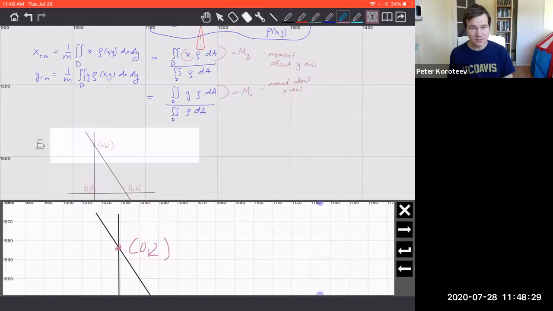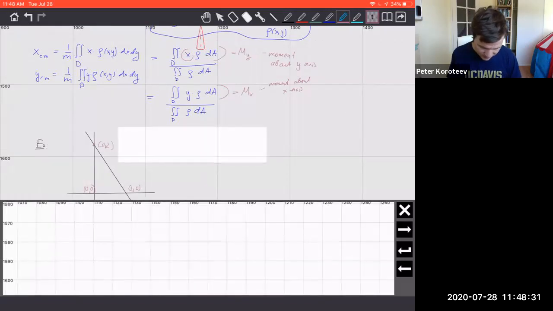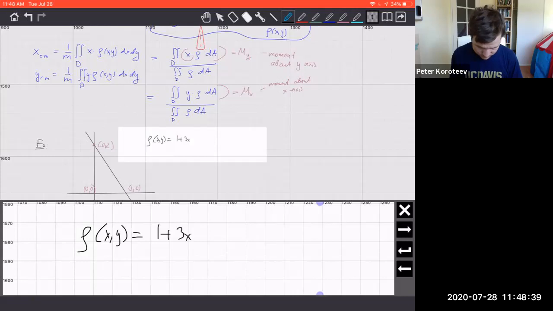And let's say the density function here is a linear function. Let's find the coordinates of the center of mass.